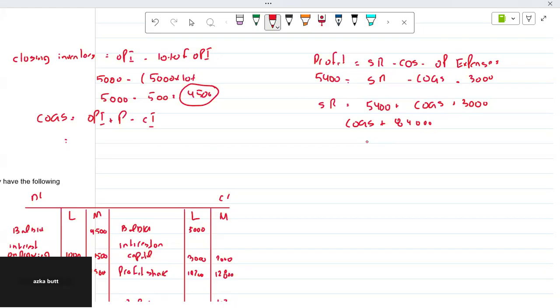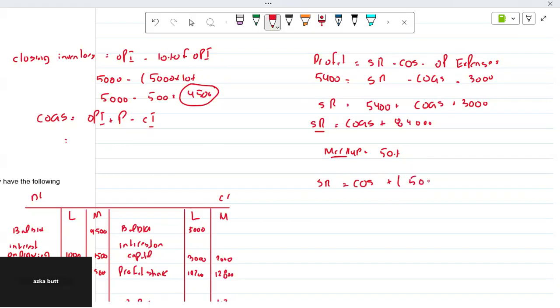Now let's use the markup to relate the cost of goods sold and revenue. So markup is basically 50%. Sales revenue is equal to cost of goods sold plus 50% of cost of goods sold, because the markup is 50% of the cost of goods sold.